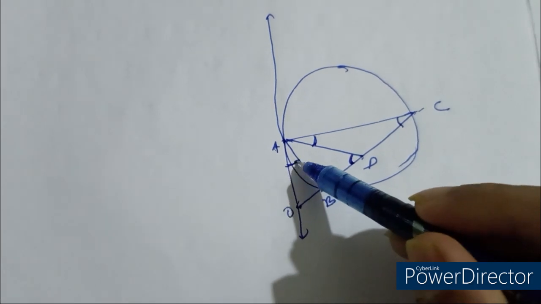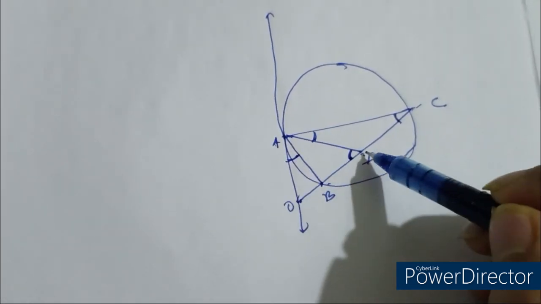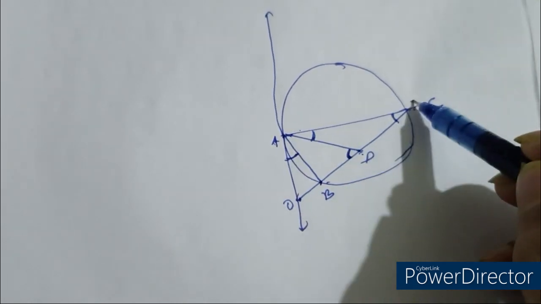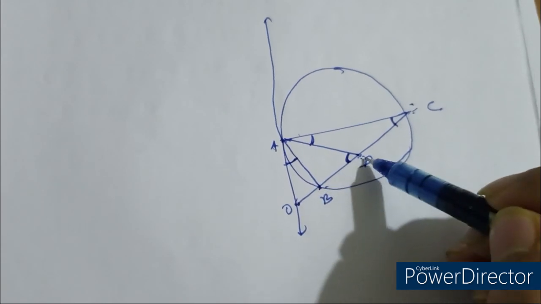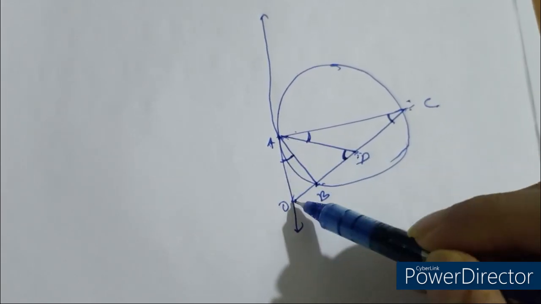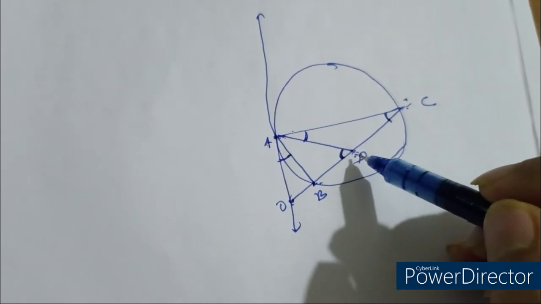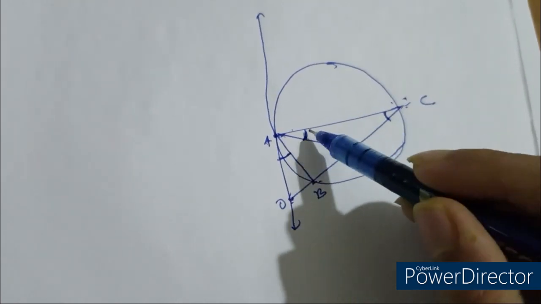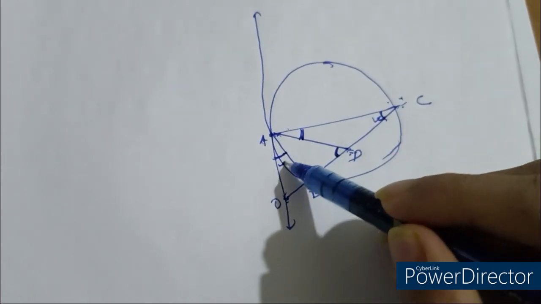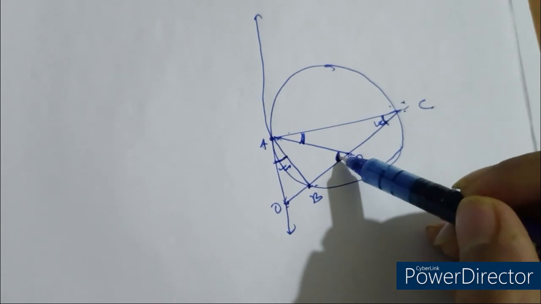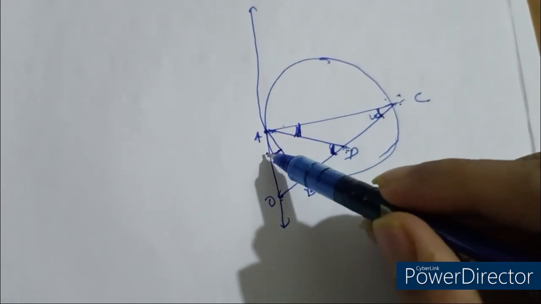Now you see, since this angle is equal to this angle, so instead of writing this angle BDA is equal to DCA plus DAC, instead of saying BDA, I can say ODA. Yes, ODA is equal to, I can write that BAC, this angle, plus this angle OAB, because this angle is equal to this angle in the alternate segment. So this angle is equal to this angle. Instead of saying this angle, I can say this angle equal to this angle plus this angle.